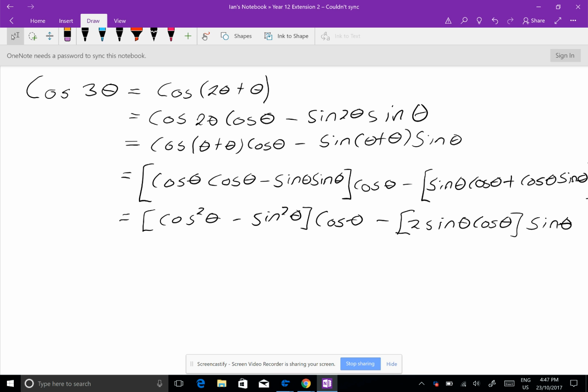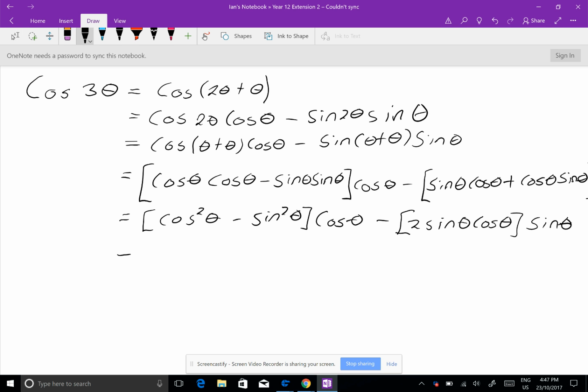Patel leaves it in sine, so we'll leave it like this. We'll leave it in this manner.